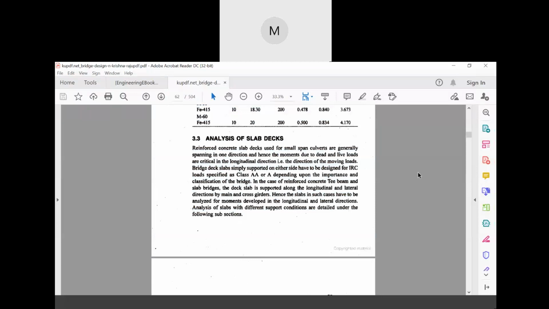So, in case of simply supported, we have to design the bridges depending upon the different IRC loads like class AA or class A. On the other hand, if it is a T-beam bridge, then we have to find out the moments that are developed in longitudinal and lateral directions. Okay.